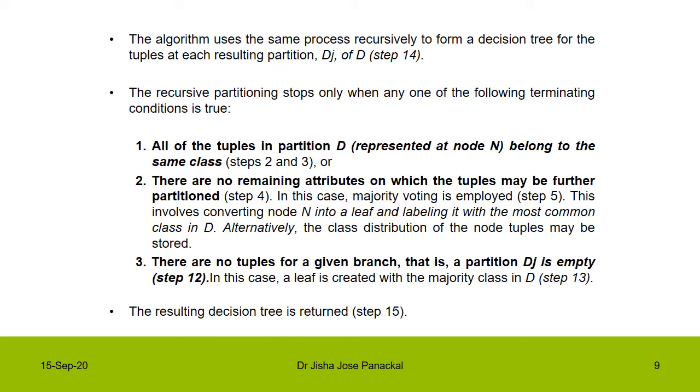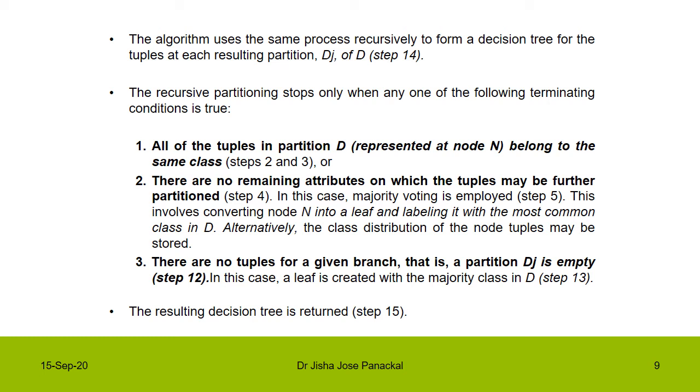If everything belongs to one class, there is no need of repeating any steps involved in this algorithm, so we can terminate. The second condition is there are no remaining attributes on which the tuples may be further partitioned. We have checked every attribute with the attribute selection measure, and we have no more attributes to be considered for partitioning the tree. So that is the case when we can stop the process.